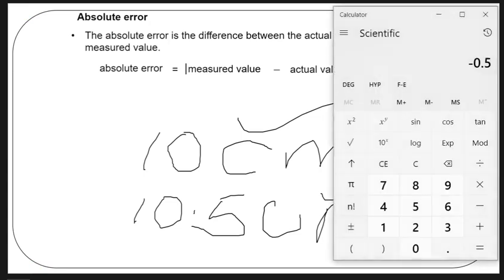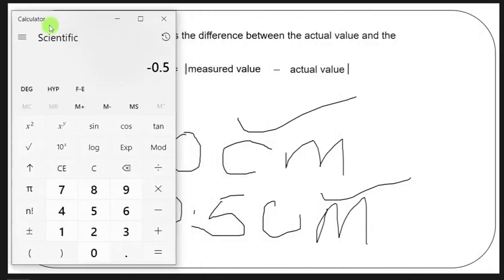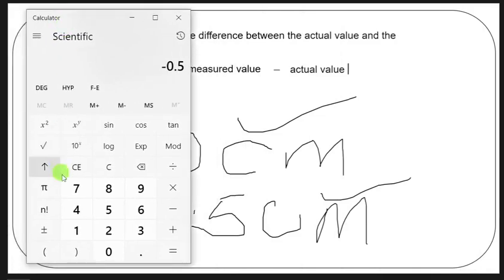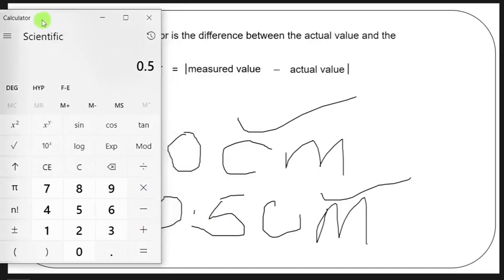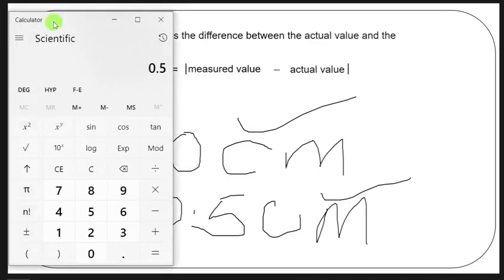That's why I said, for instance, if we say 10.5, the upper 10 here, minus the actual value 10, will give us an absolute error of 0.5.